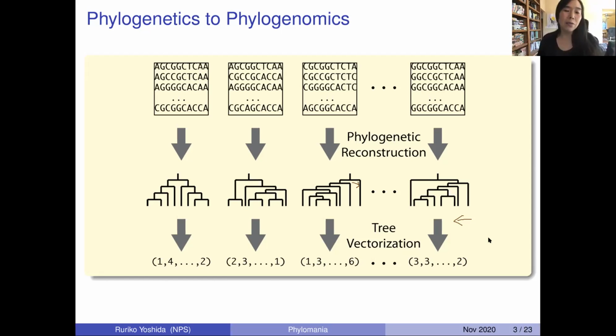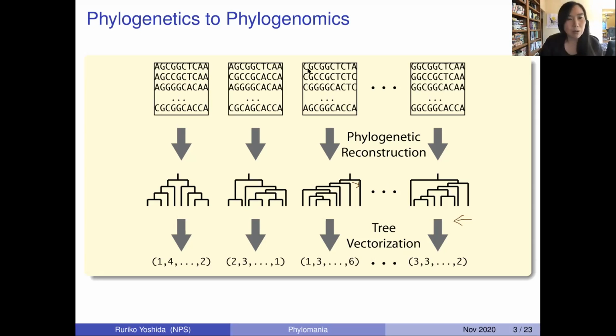I would like to see how phylogenetic trees are distributed. Basically, in general, we have a bunch of sequences for each gene, then we reconstruct phylogenetic gene trees, and then we vectorize somehow, and then we have a set of vectors.